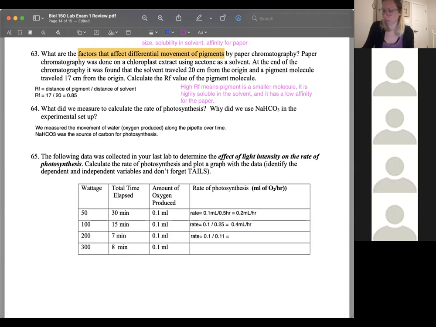So 0.1 divided by 0.11. 0.86. I got 0.9.